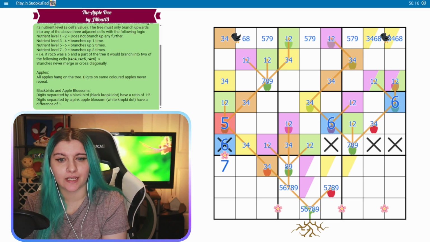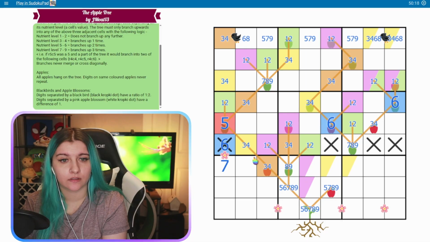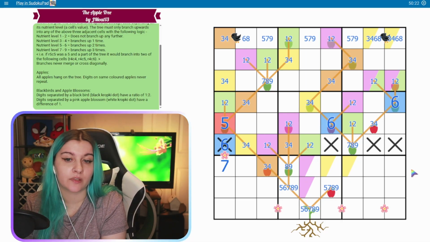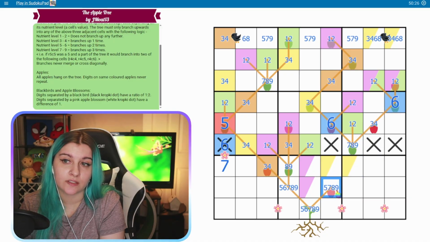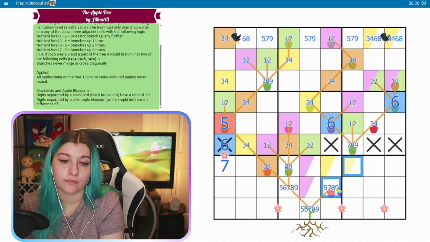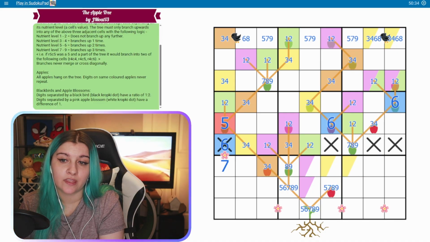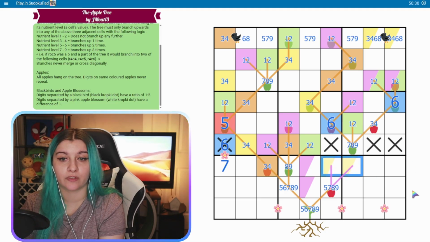What am I missing? Double check my branches for the 3rd time. One of these has to be a 3, 4 because that's the one that goes up to here. So one of these branches, this is definitely going up twice. Okay, if this goes up twice, this would have to be a 1, 2, 3, 4.